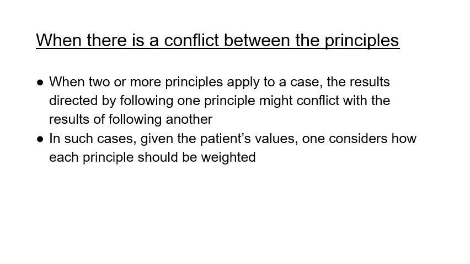When this conflict arises between principles, one must consider the patient's values and how those should weight the conflict. In other words, might the patient value one principle or another in a specific case or a specific decision? That principle then should take priority over others.